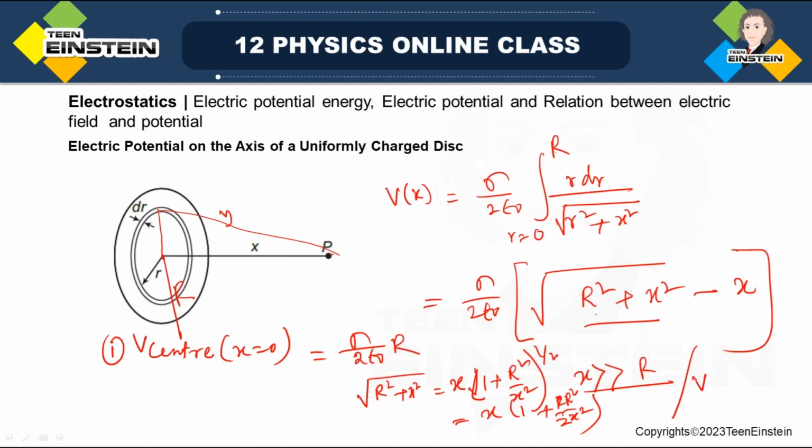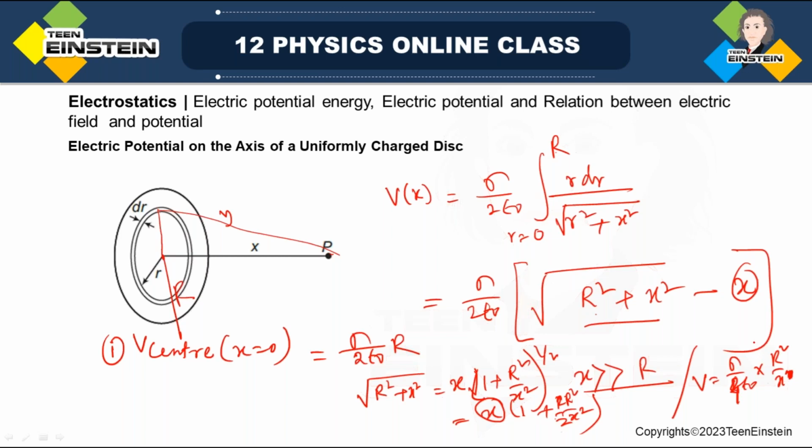If we put the value and get the potential, this x is there and the other x is there, that will get cancelled. So sigma by 2 epsilon 0 into R square by x square, and multiplied by x, so this will be R square by x. The 1/2 and the 1/2 will give 4 epsilon naught x.